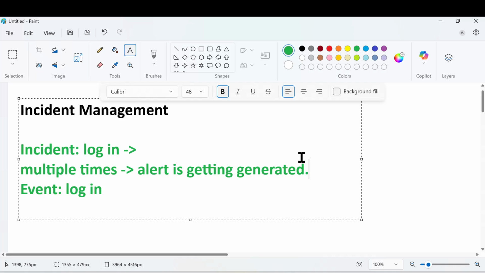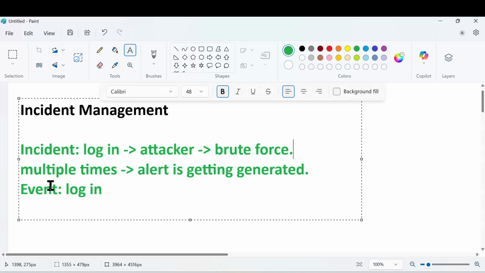After that, we analyze it and find that I was not the person trying to log in to my system. Instead, it was an attacker performing a brute force attack, putting in multiple different credentials so that he would be able to gain access to the system.